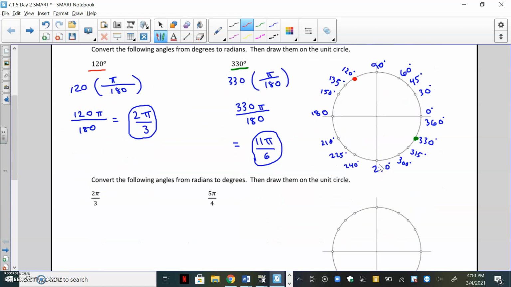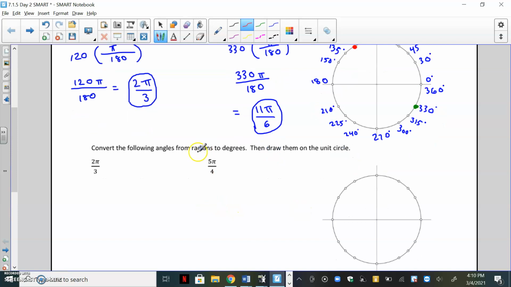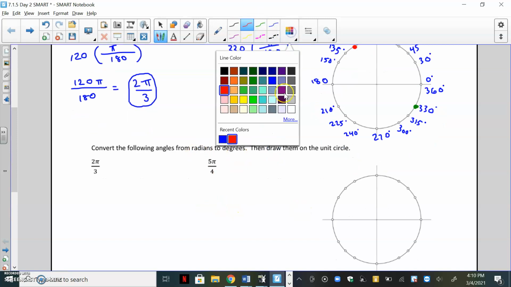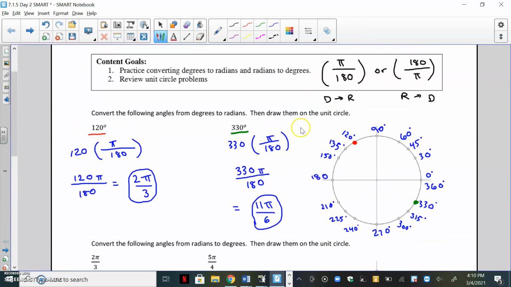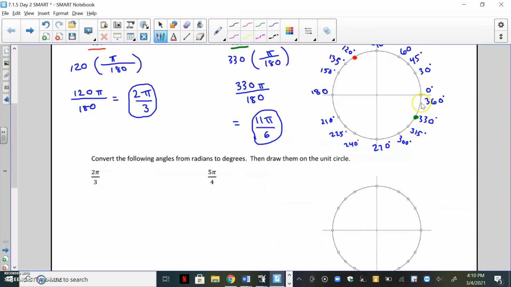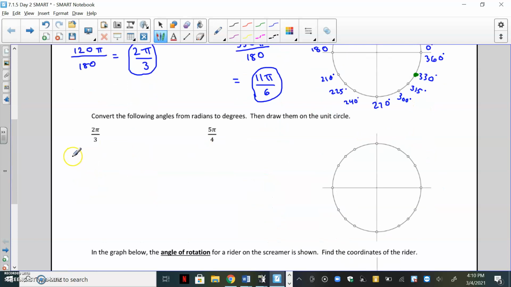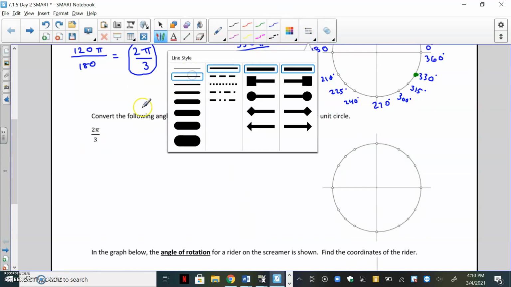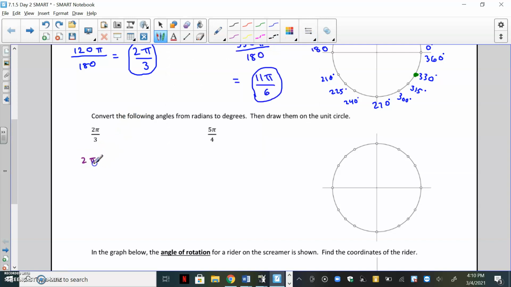My next two examples are going from radians to degrees. This time we'll use the other conversion factor. Instead of using pi over 180 like we did before, we'll use 180 over pi because we're going from radians to degrees. So we'll take our 2 pi over 3 and multiply that by 180 over pi.